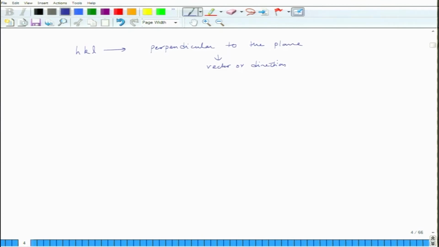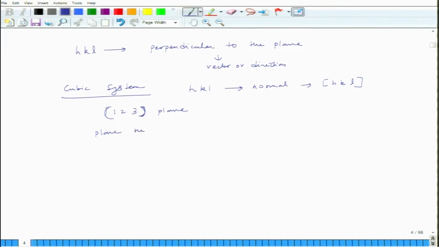that is a vector, or direction. So, for cubic system in general, the HKL plane normal is direction HKL. So, if you have a plane 1, 2, 3, the plane normal will also be 1, 2, 3.